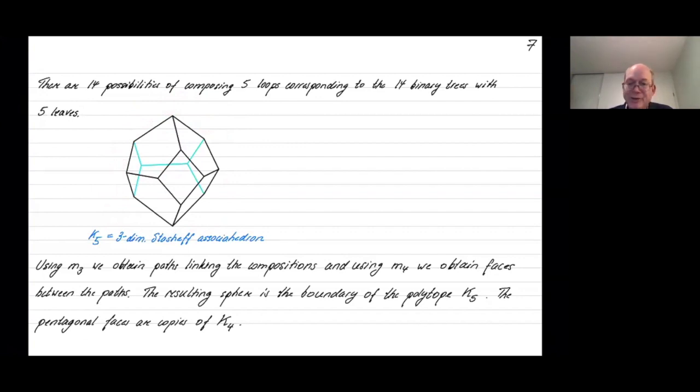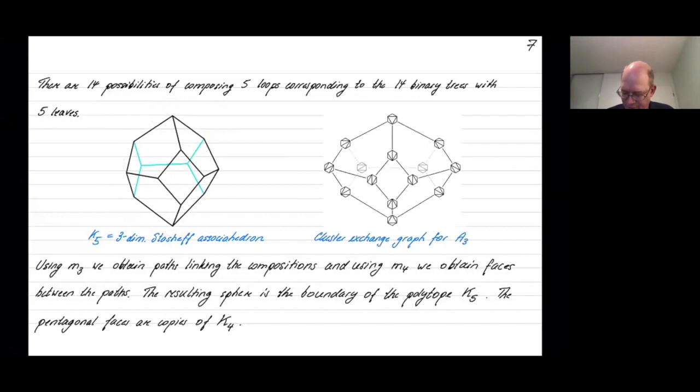Okay, if you are familiar with cluster theory, then you have seen this polytope before. This associahedron also appears in cluster theory. It's the cluster exchange graph for any quiver of type A3, quite remarkably. And the same was already valid for A2.